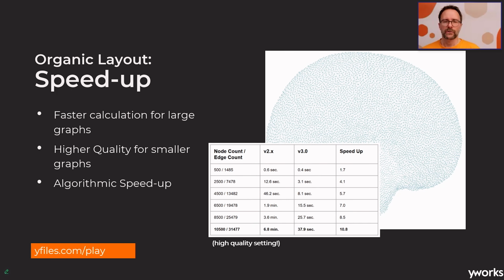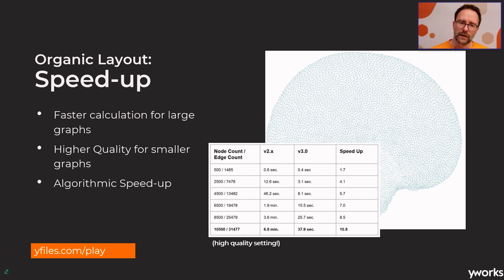Another feature, which is actually not a new feature, but an improvement, is that we greatly sped up the calculation for the force-directed layout for the super large graphs. So while typically we're not really fans of rendering large graphs, and in my opinion, if you run into situations where the running time gets high, you're probably displaying a graph that your users won't be happy with either way.